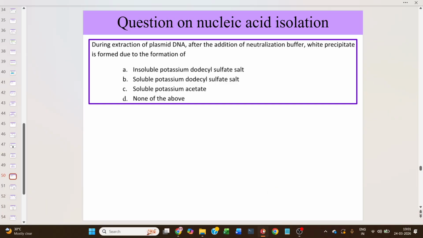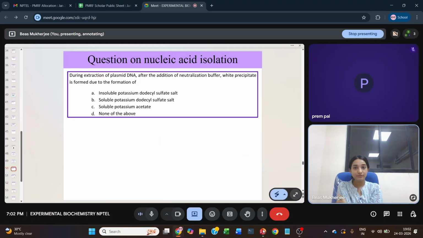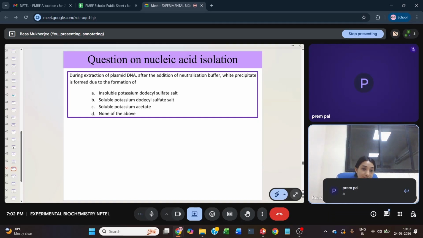Now we have another question. During extraction of plasmid DNA, after the addition of neutralization buffer, which precipitate is formed due to the formation of: insoluble potassium dodecyl sulfate salt, soluble potassium dodecyl sulfate salt, or soluble potassium acetate? Very straightforward question. If it is white and if it's a precipitate, then what is it?